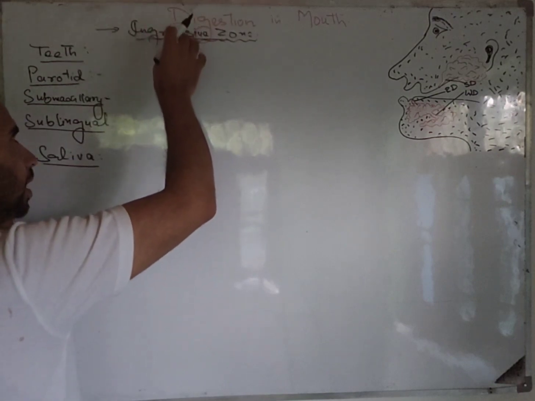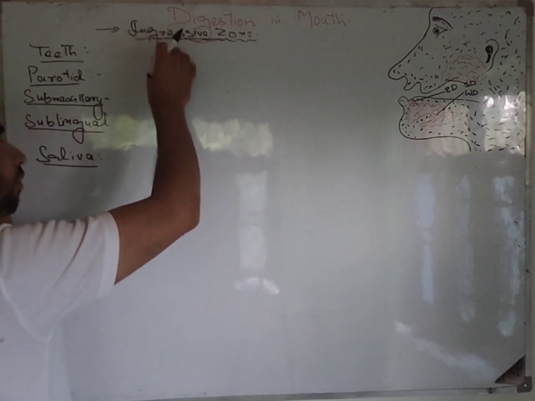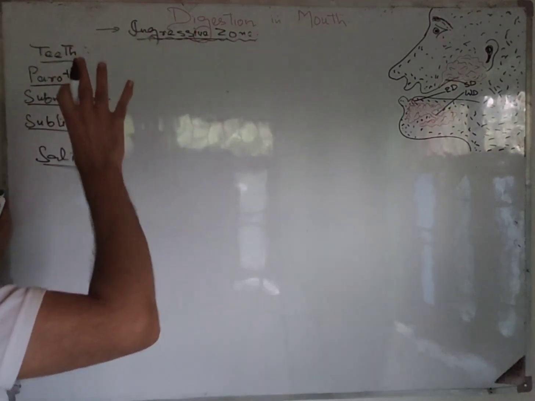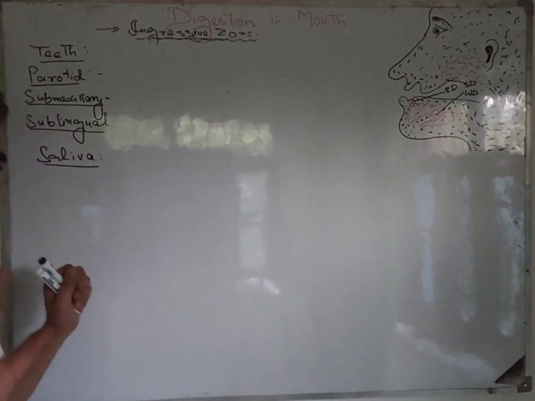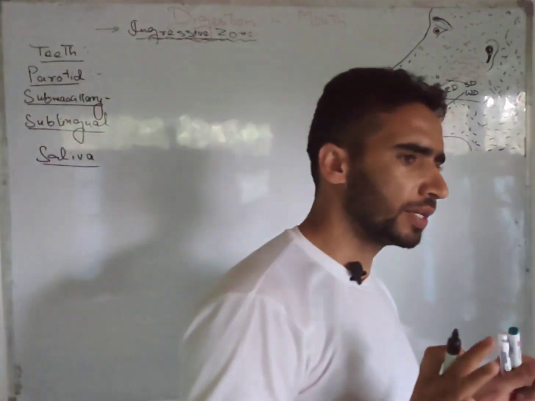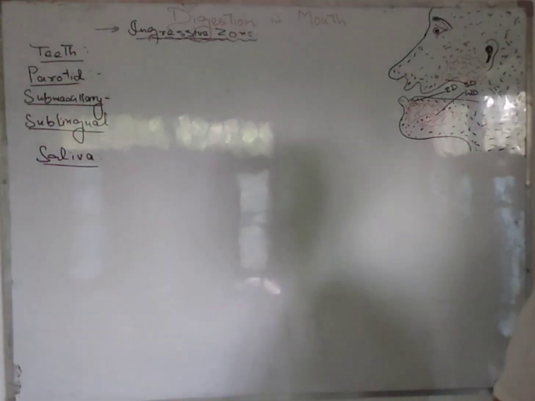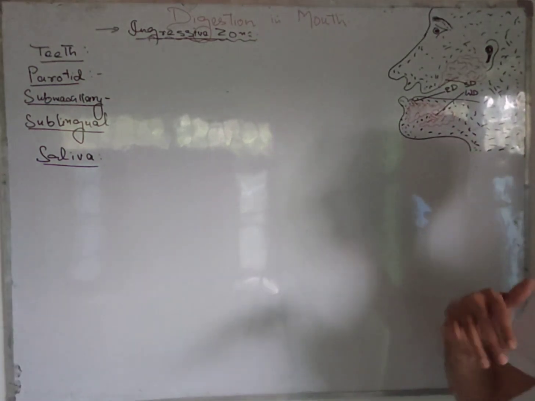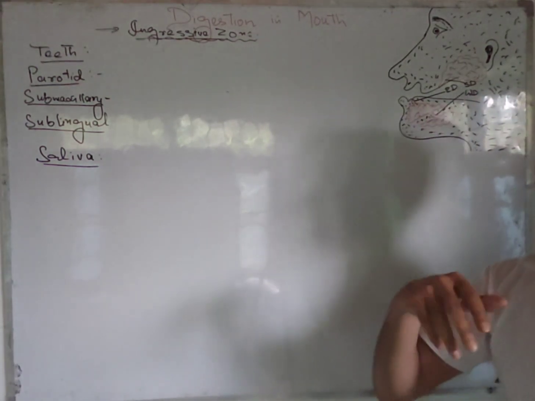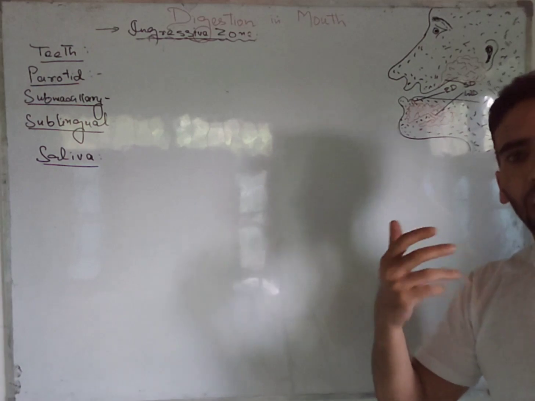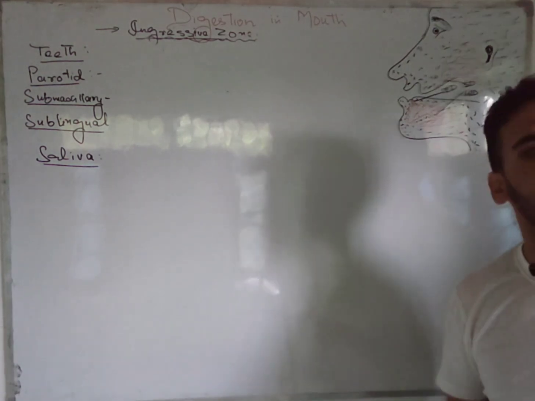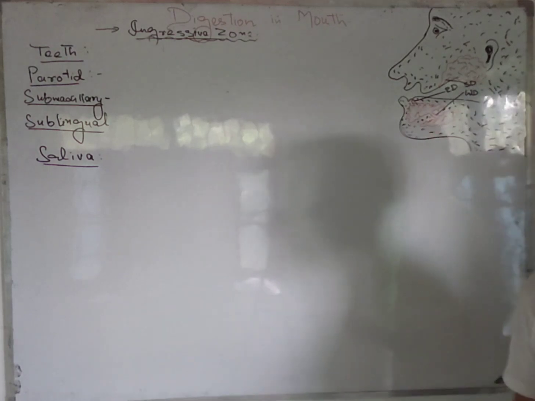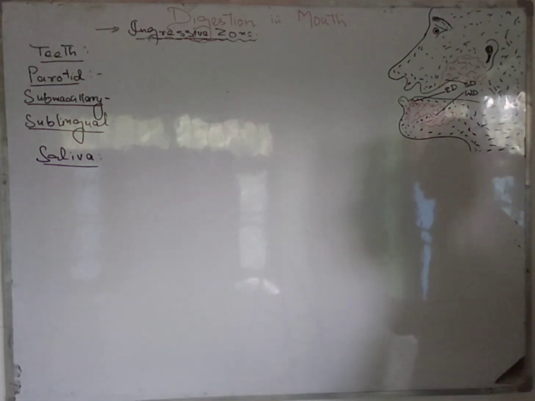The mouth or the buccal cavity forms the ingressive zone of our gastrointestinal tract, and we already came to know that the first part of our digestive system, the mouth or buccal cavity, consists of so many structures, like the palate, soft palate, hard palate, uvula, tongue, teeth, gums, the lingual frenulum, and the sulcus terminalis, and so many other structures.